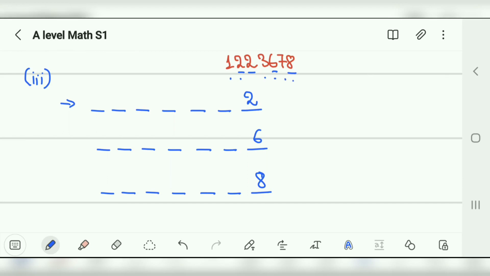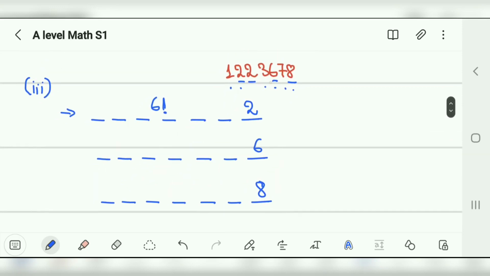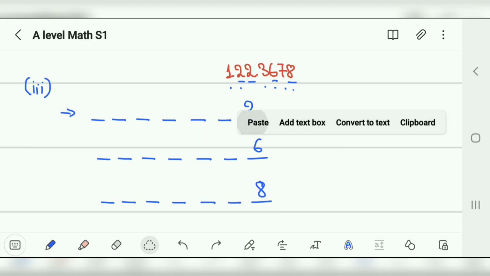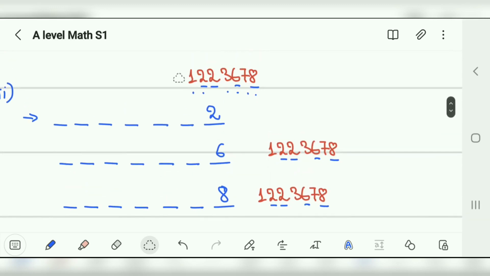Since they're already selected, they're already inside the box. Let me make it much clearer. Let me put it here, and also put it here. I have already taken 2.